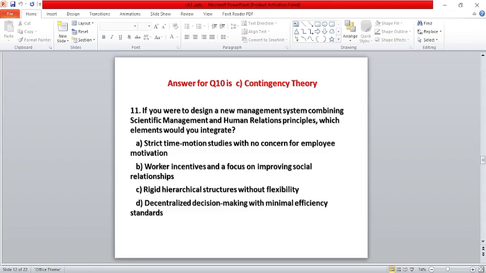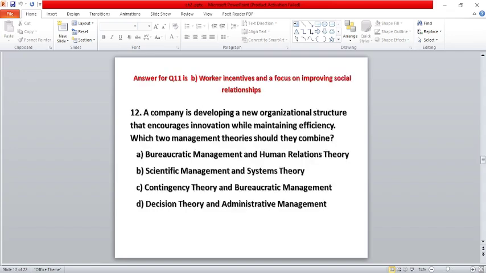Question number 12. A company is developing a new organizational structure that encourages innovation while maintaining efficiency. Which two management theories should they combine? A. Bureaucratic management and human relation theory.